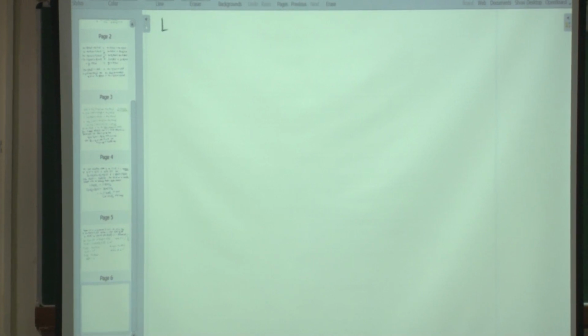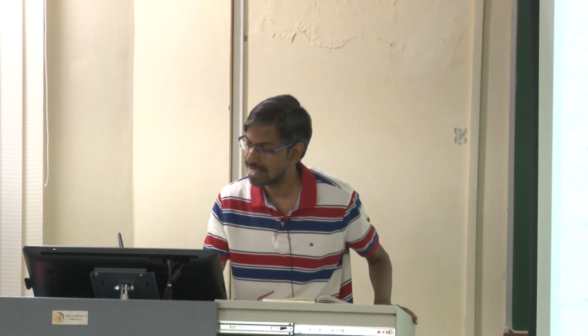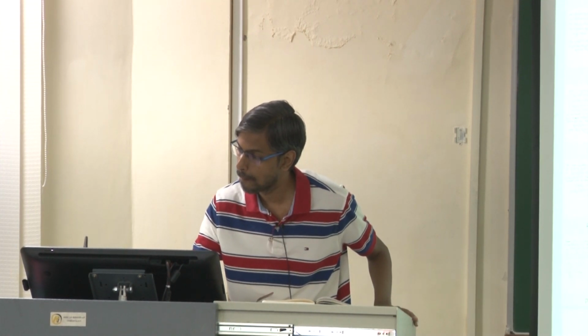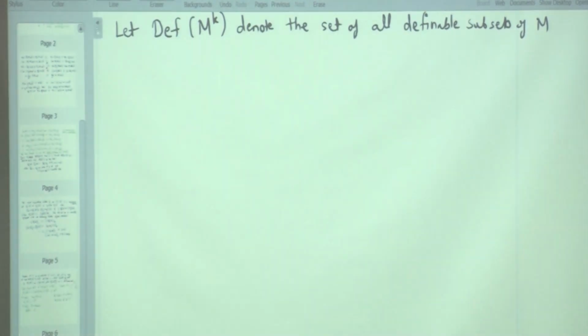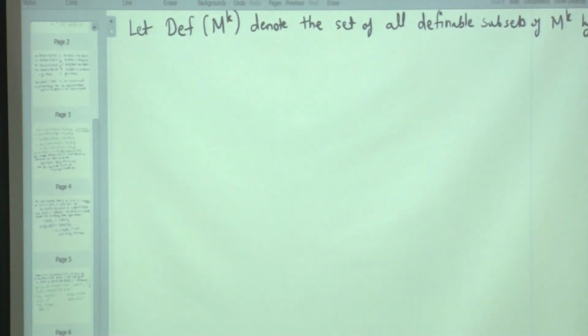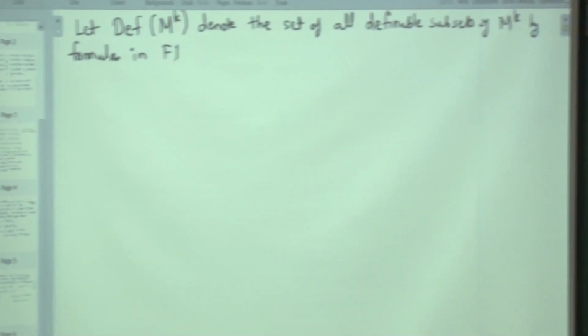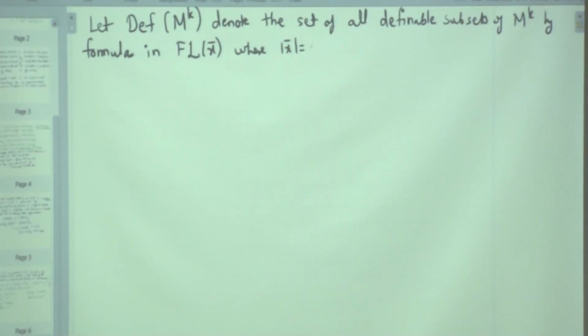So let def M to the power k denote the set of all definable subsets of M to the power k by formulas in FL x bar where length of x bar is equal to k.